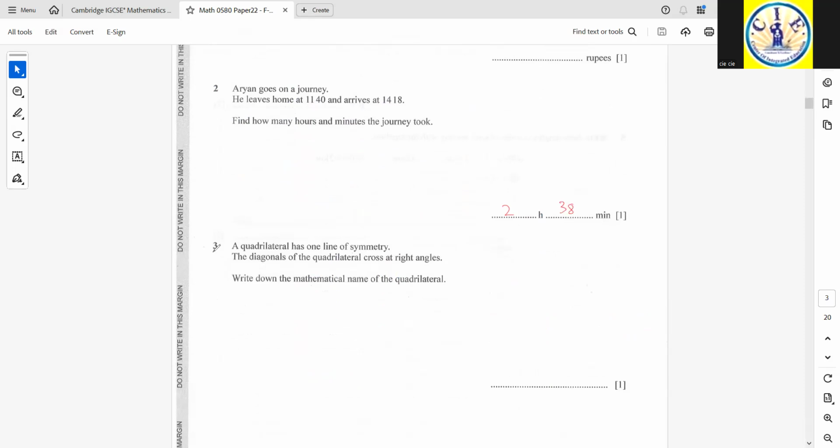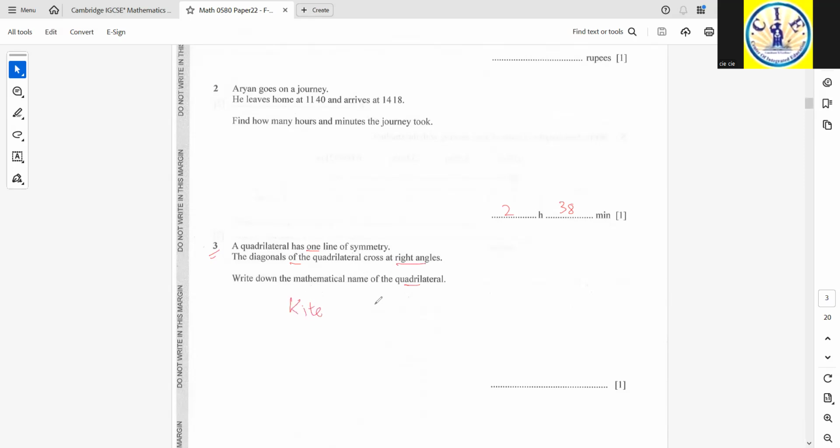Okay, now for question number 3. A quadrilateral has one line of symmetry. The diagonals of the quadrilateral cross at right angles. Write down the mathematical name of the quadrilateral. The name is the kite.